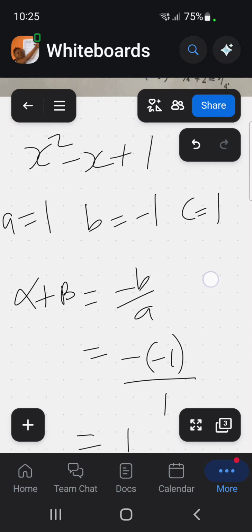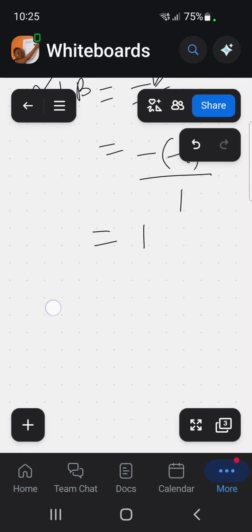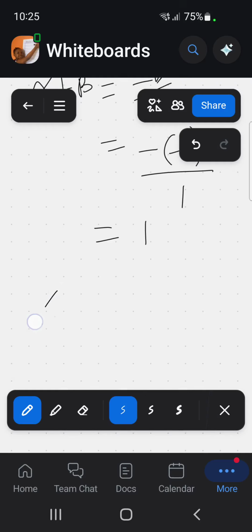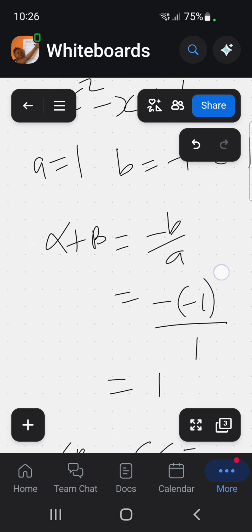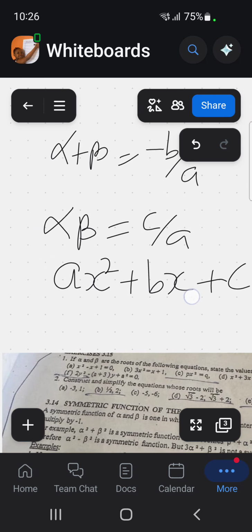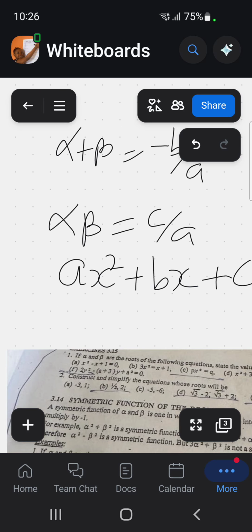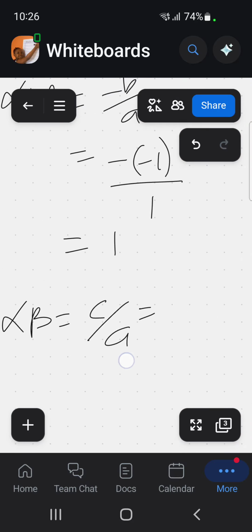Now let's look at the product of the roots. The product of roots is alpha beta. Now alpha beta is c over a. From what we've shown here, c is 1 and a is 1. Remember that the product of roots is c over a, so don't forget that.